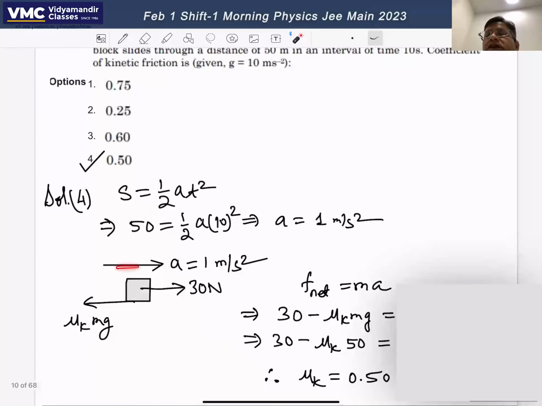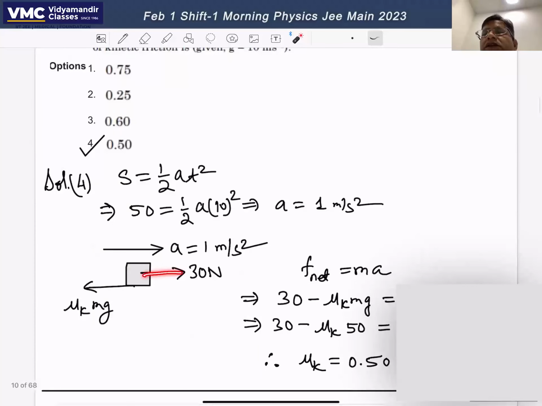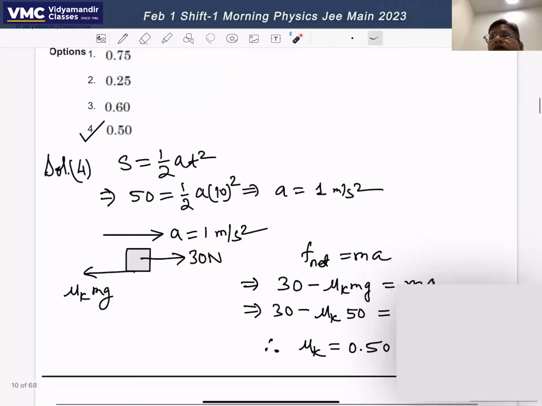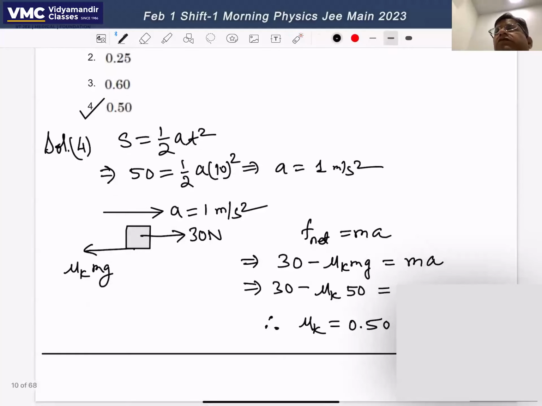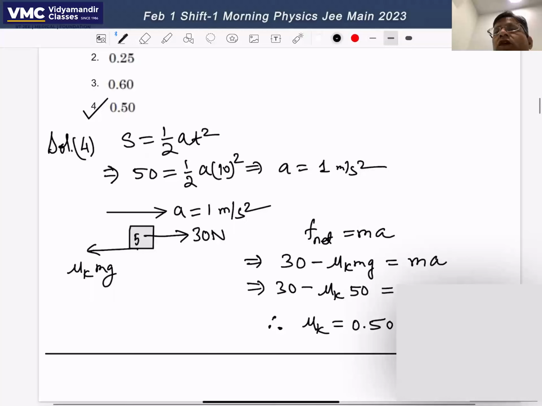Now this block has acceleration of 1 meter per second square in the forward direction, and we are applying a force of 30 Newton. A friction force opposes this motion, which is kinetic friction mu k mg. For this 5 kg mass, Newton's second law says net force equals mass into acceleration.